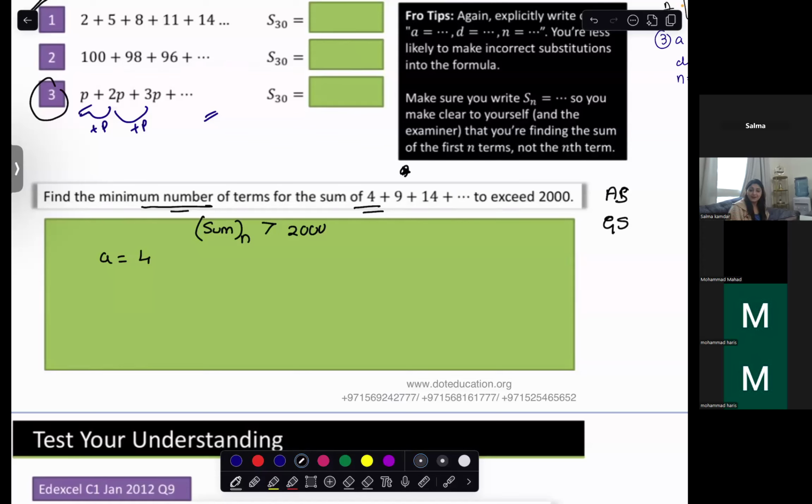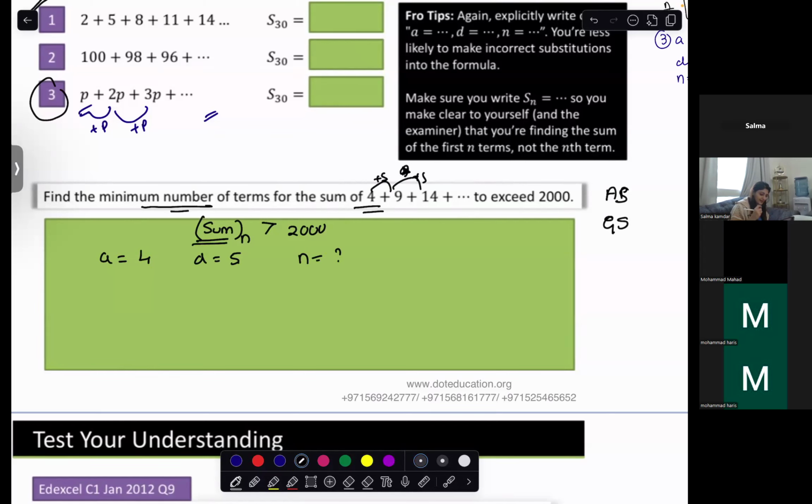Right now we are dealing with arithmetic, so I know that it is going to increase by a constant term. But you have to find whether it's a D or a scale factor, so you need to explicitly see whether it's arithmetic or geometric. Right now it is clearly increasing by 5. So my D is 5 and I do not know N.